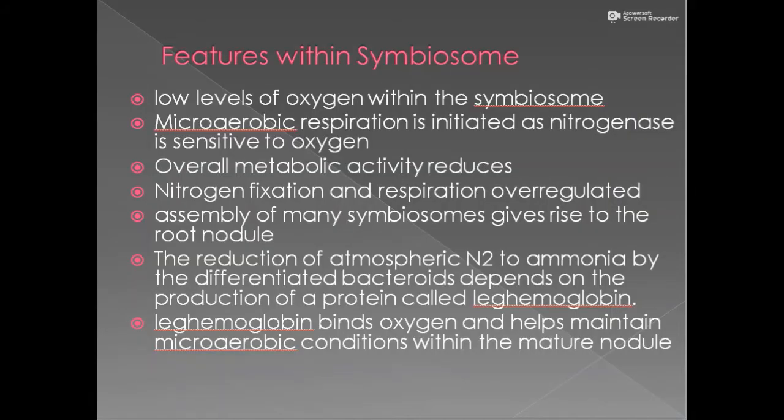In the symbiosome, usually there exist low levels of oxygen, so microaerobic respiration is initiated by the bacteria. We also know that these bacteria are capable of nitrogen fixation, and the enzyme nitrogenase associated with it is highly sensitive to oxygen.